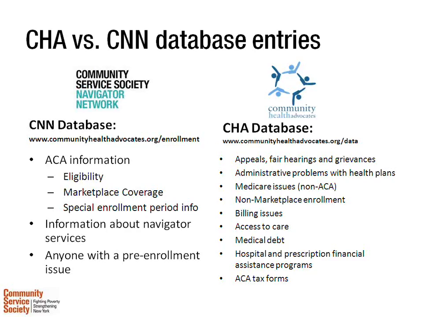If they're not someone who's eligible for an appointment and they're not going to enroll, then you're going to want to put them in the CHA database. So really the CNN database is for people who are ready to enroll and you're transferring them over for an appointment, or they're an existing client that we've already helped to enroll, or they're already in that database and we're just adding notes for their case.